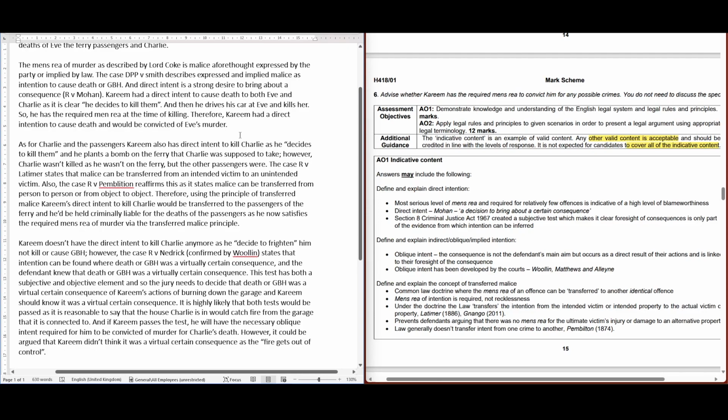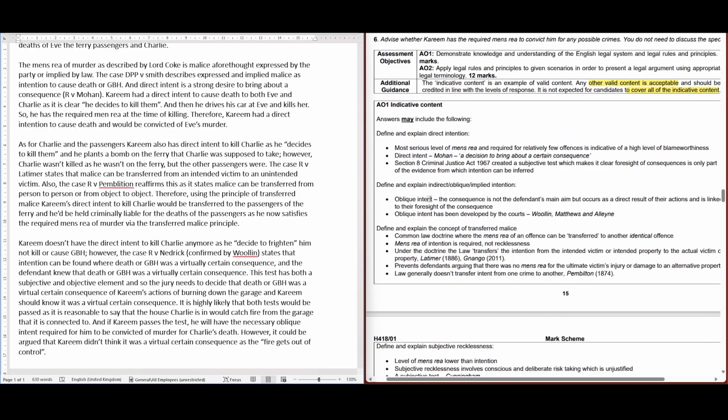Now remember, for this answer, you must not discuss the specific crimes. You must not discuss murder, manslaughter, or any specific offence. So now let's see what the mark scheme has to say. So here we have define and explain direct intention. The answers may include the following.